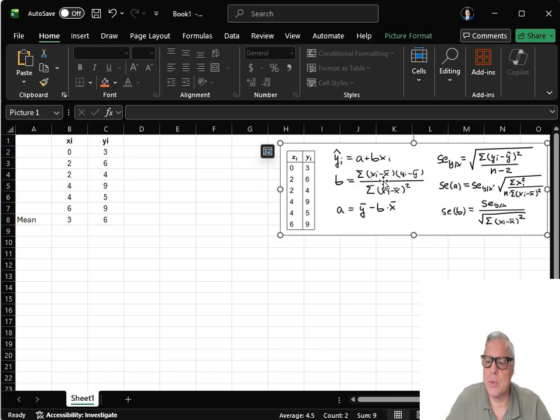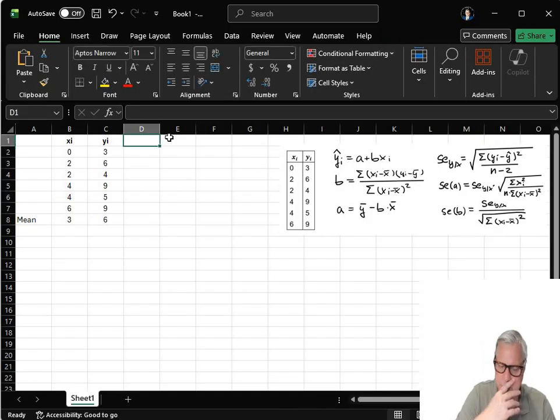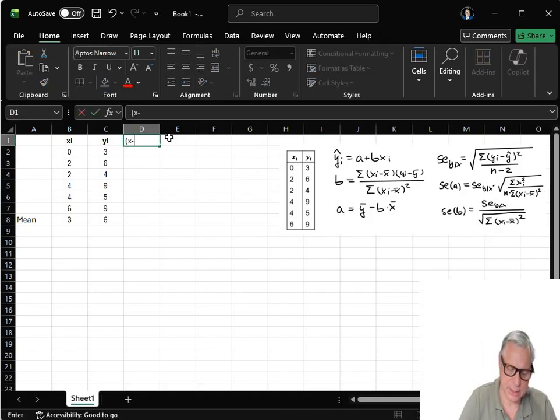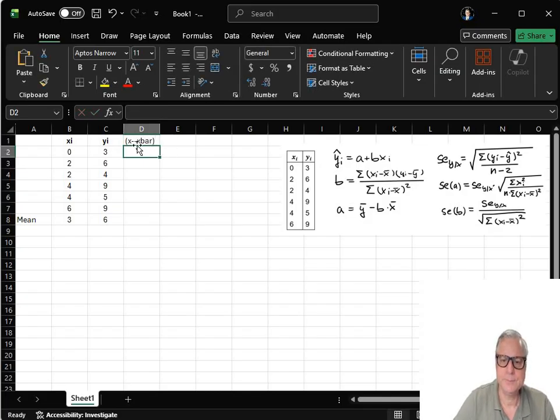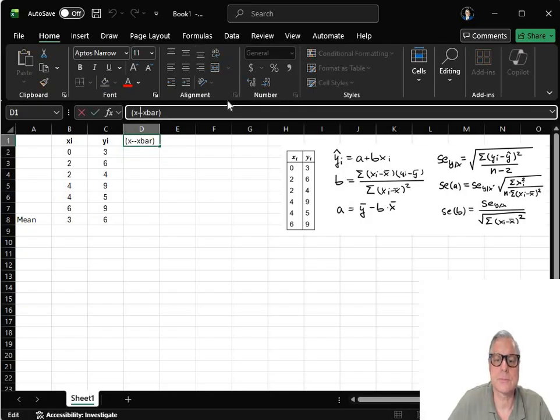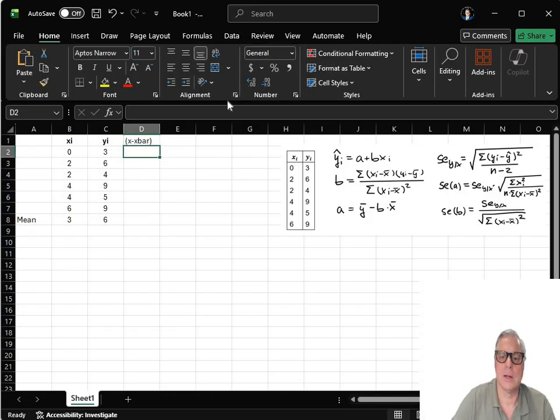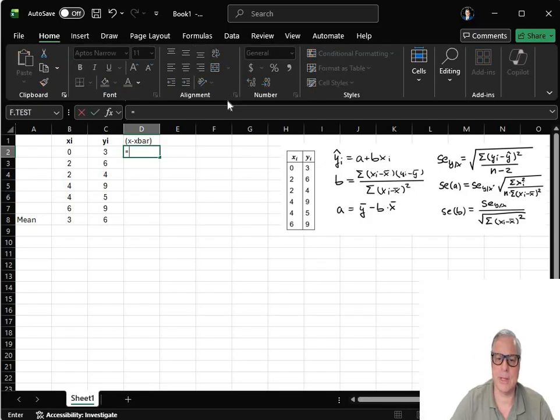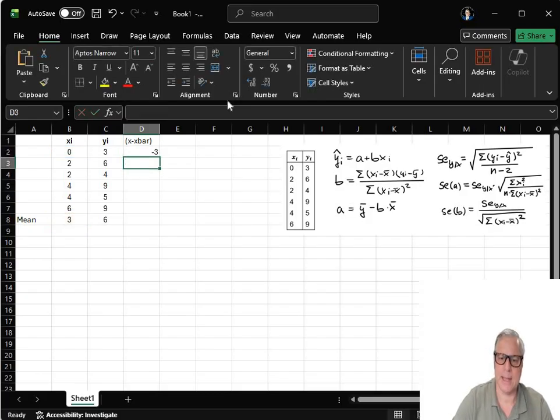Okay, so one of the things we need is all the deviations from x minus x bar. Let's create a column which we call xi minus x bar. So we subtract from each x the mean. So I go with my cursor to the mean and I F4 that cell, and then I can copy it down.